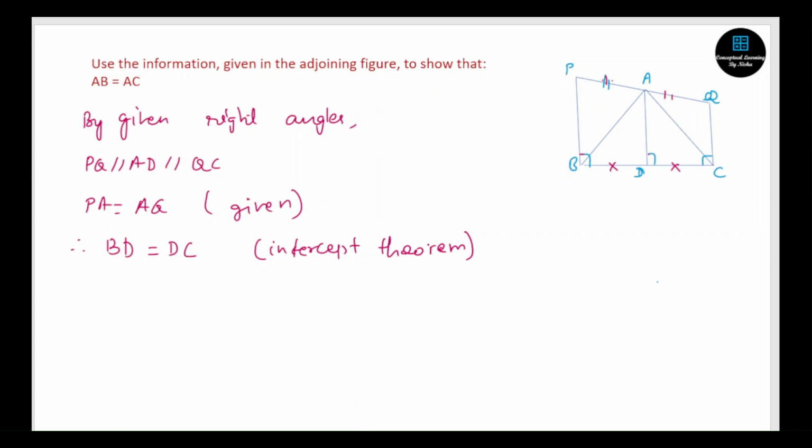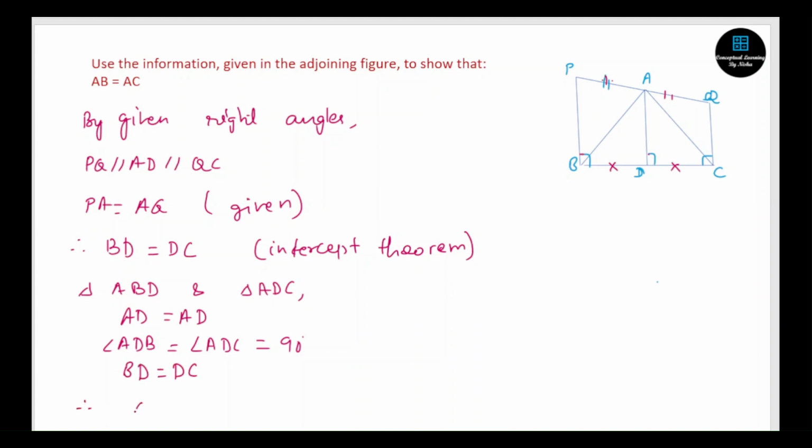Okay, here again. So now what can I say about this triangle ABD and triangle ADC? I have AD is common, then angle ADB equals angle ADC 90 degree, and we just proved that BD is equals to DC, right?